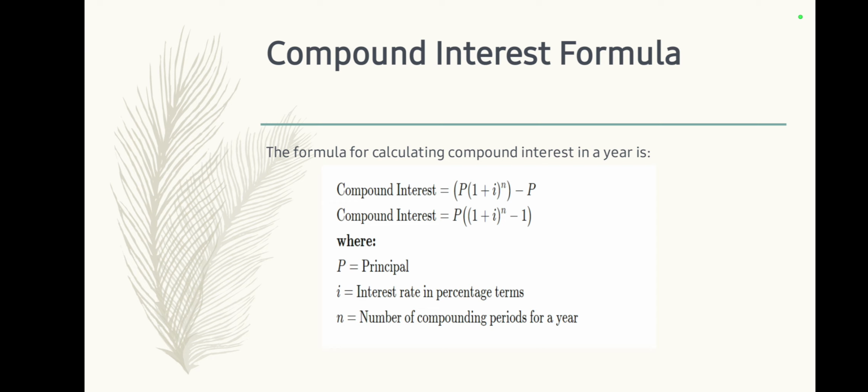The compound interest formula, calculated in a year, is principal multiplied by 1 plus the interest rate in percentage terms, raised to the number of compounding periods for a year.